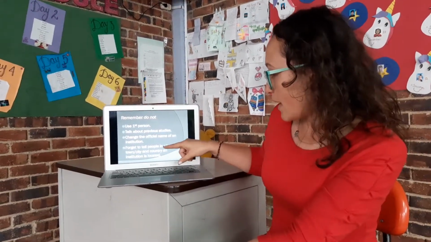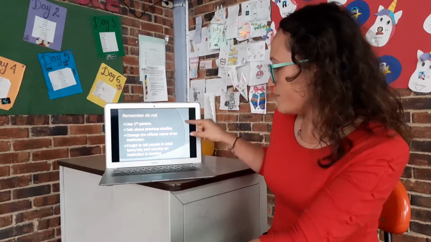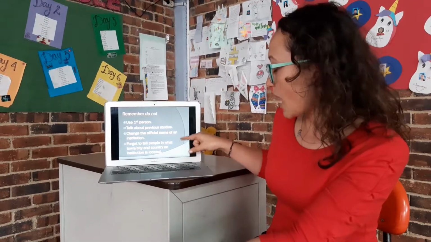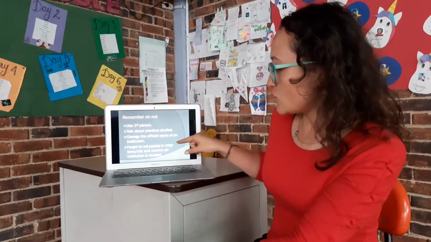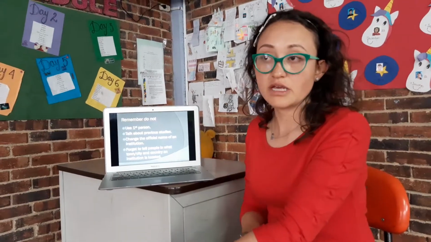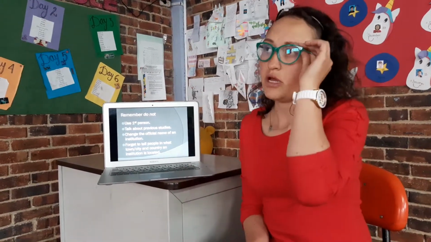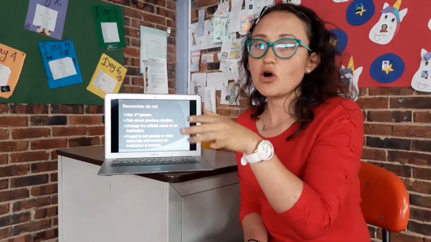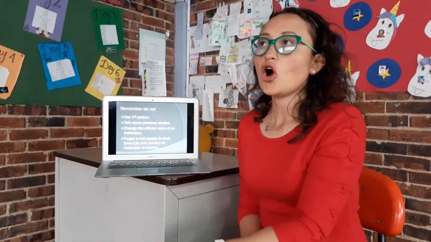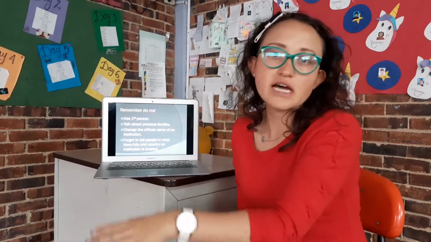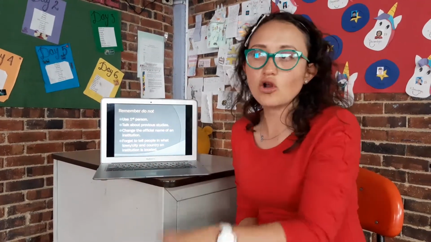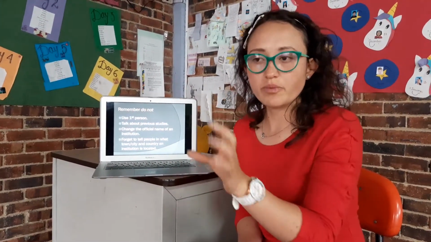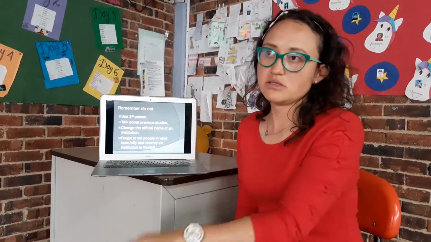And also you can't forget to tell people in what town, city, and country the institution is located. Yes, it's very important, for example, Universidad de La Sabana, Chía, Colombia. Or Pontificia Universidad Javeriana, Bogotá, Colombia. It's important to locate people in the exact place you are talking about.